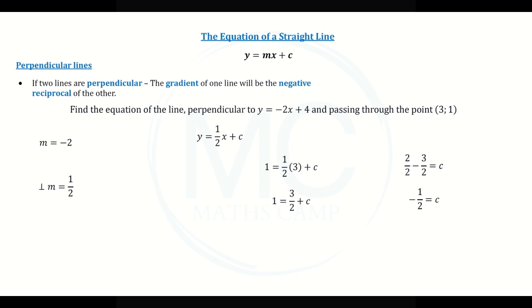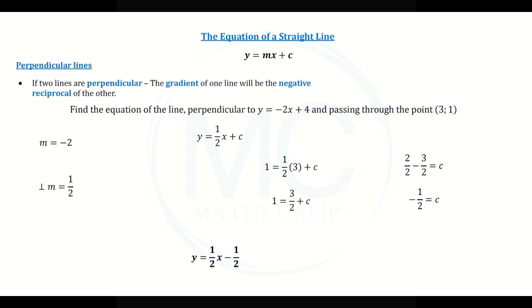Now we have an m value of 1 over 2 and a c value of negative 1 over 2. So the equation for this perpendicular line is y is equal to m, 1 over 2, x. c is negative 1 over 2, so we say minus 1 over 2.